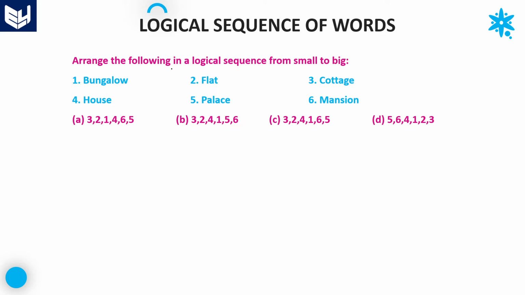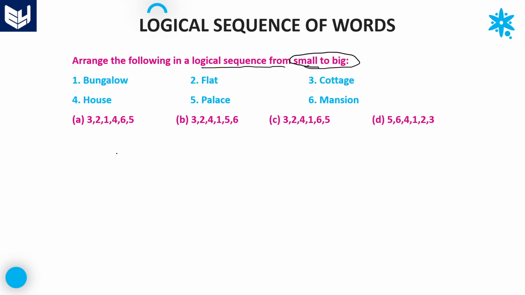See here, arrange the following words in a logical sequence from small to big. Here it is directly given that we have to write the given words in small to big format. Here total 6 words are given: bungalow, flat, cottage, house, palace and mansion.